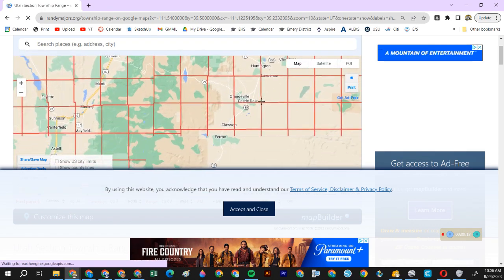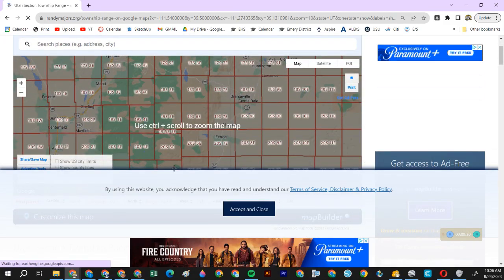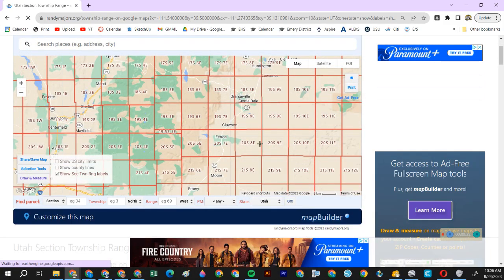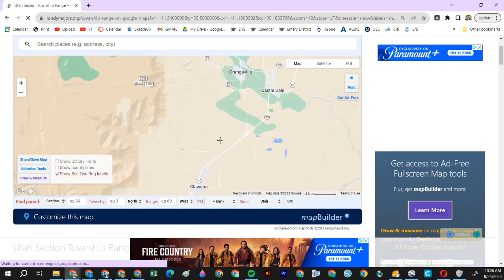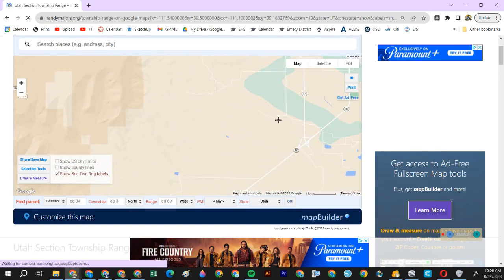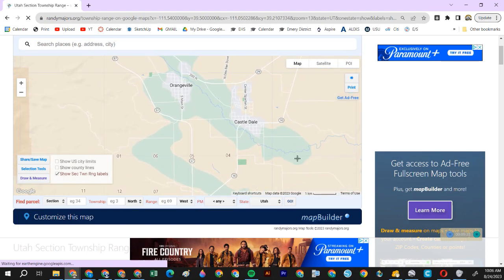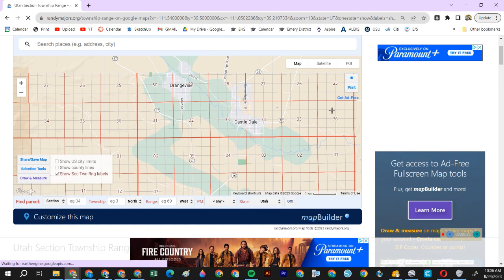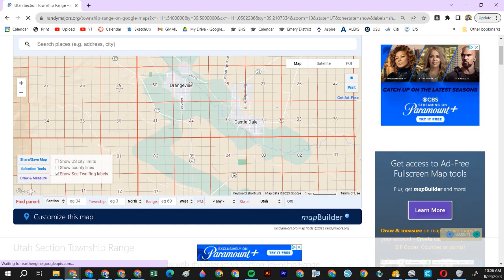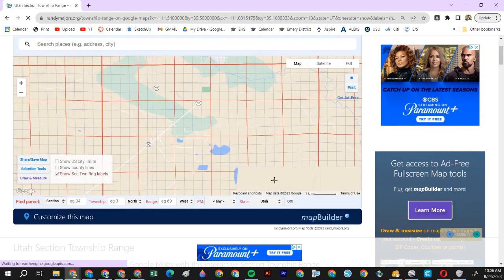So let's focus in on Castledale. We're going to zoom in a little bit. So maybe you have a farm near here. Oh, you can't see. Oh, there we go. Good. See how none of them are quite right? We got some squiggle lines up here, and that's actually not too bad.